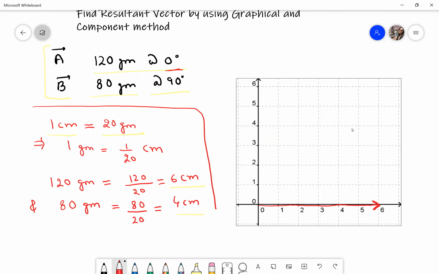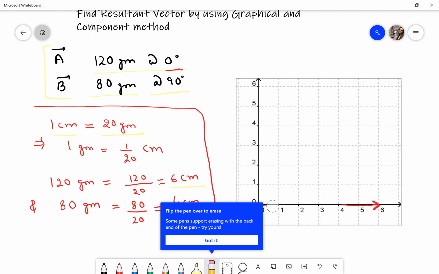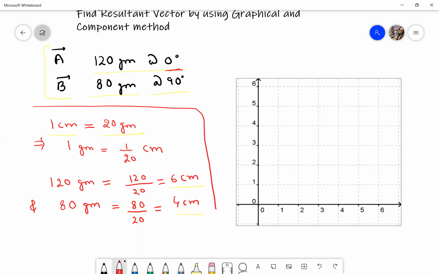There is no angle on this x-axis for this vector, and we get the vector on this line straight as 6 centimeter. So this is our A vector.